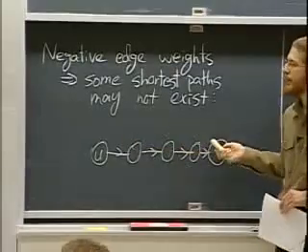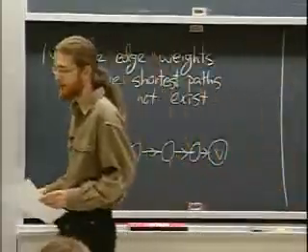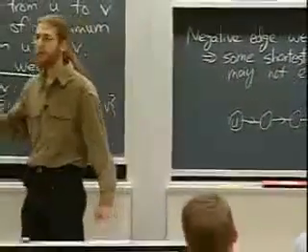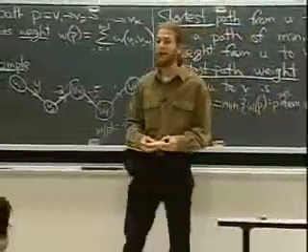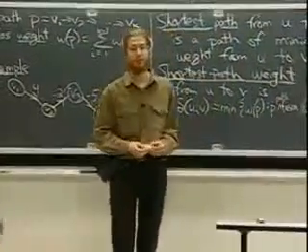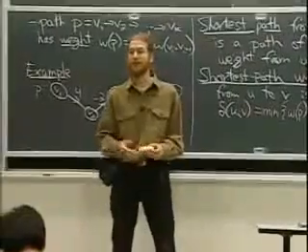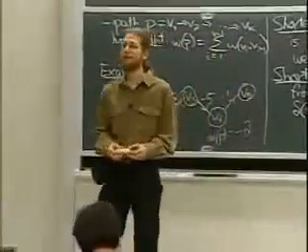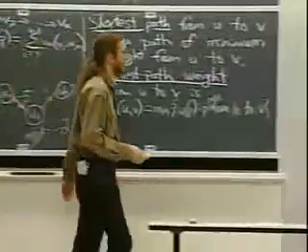I can still compute the weight of a path that has negative weights, but when specifically won't I have a single shortest path from U to V? So go ahead. If you can find a cycle that's negative weight, good.